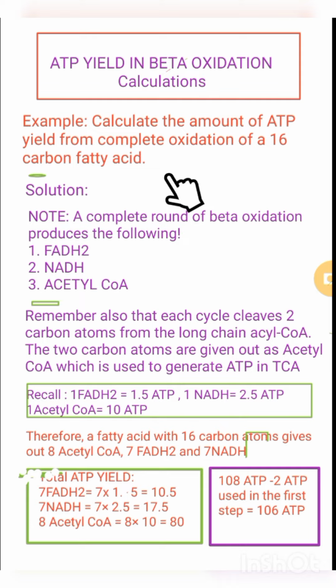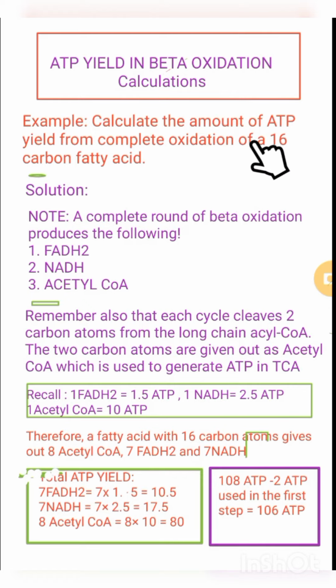You may be wondering why 7 rounds, but it's pretty easy, because after round number 6, you will remain with 4 carbon atoms only. When you cut the 4 carbon atoms in the middle, you have two 2-carbon molecules, which are acetyl-CoA molecules. That means you cannot have an 8th round of beta oxidation, because you would have already completed the cycles for a 16 carbon molecule.